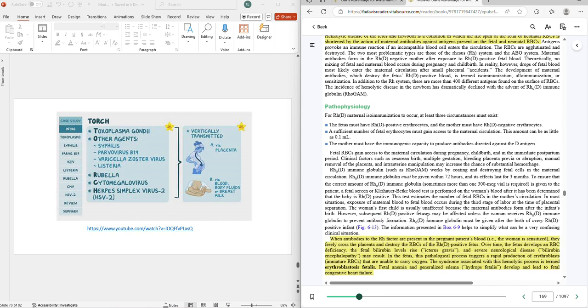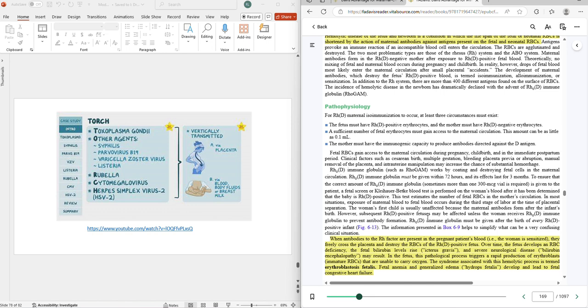So when they're present in the mama's blood, the mama is sensitized. They freely cross the placenta and start destroying the baby's blood. Over time, the baby is red blood cell deficient, and their bilirubin starts rising. Severe neurologic disease can happen, encephalitis of the brain, all that can happen. It's rapid.